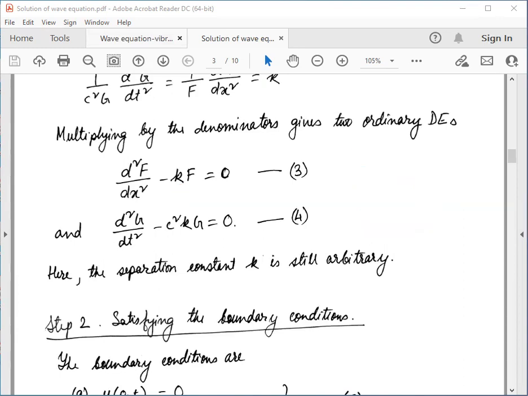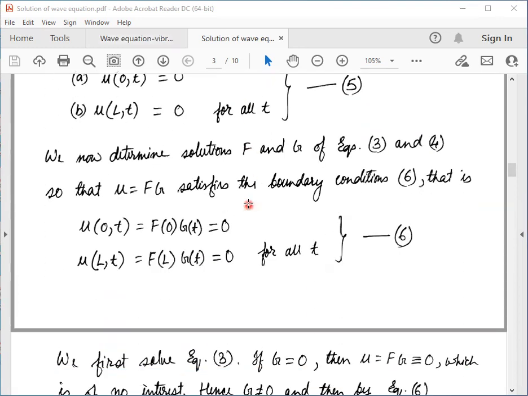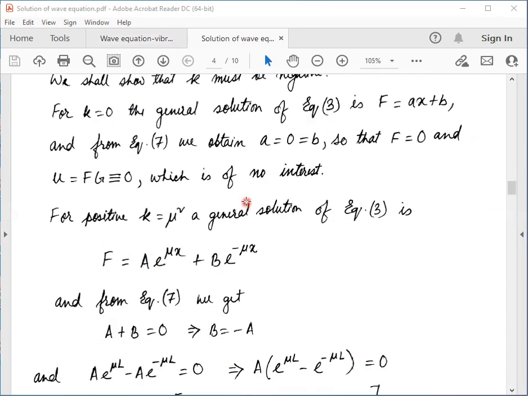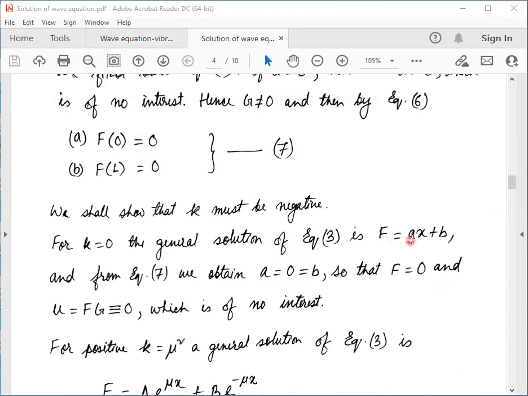Let me show it to you again. Okay, so if k is equal to 0, the general solution of equation 3 is f equal to ax plus b. And now we use the boundary condition, when x equal to 0, it should be 0.